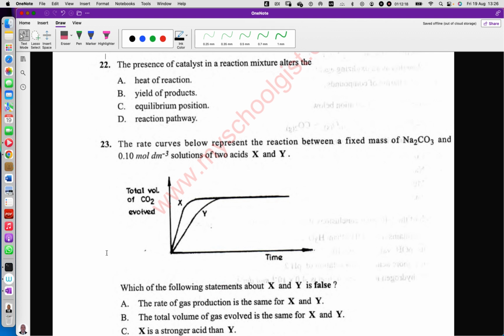It speeds up the rate of a reaction by lowering the activation energy. It changes the reaction pathway. When it lowers the activation energy, the reaction pathway has been changed.